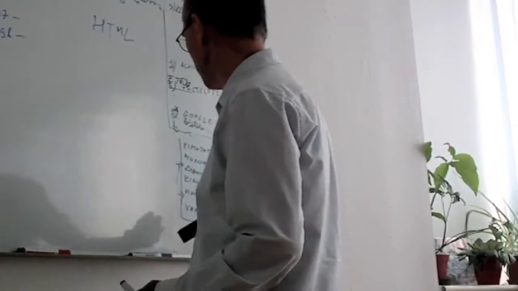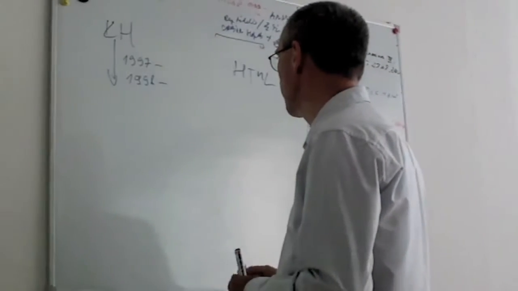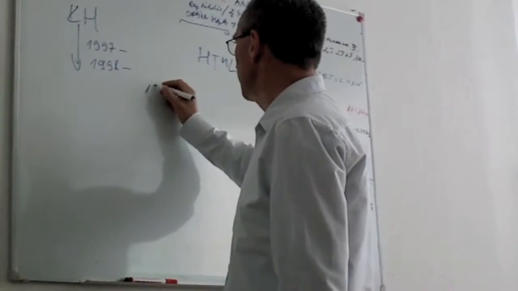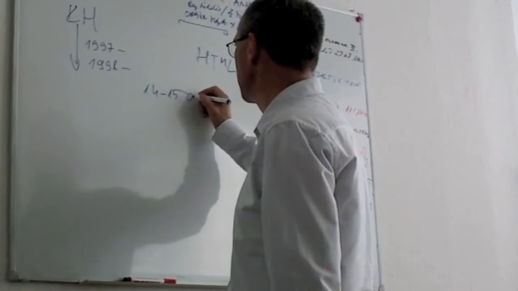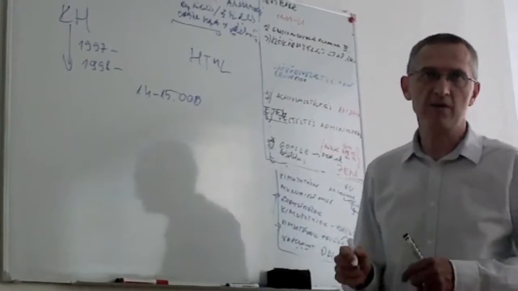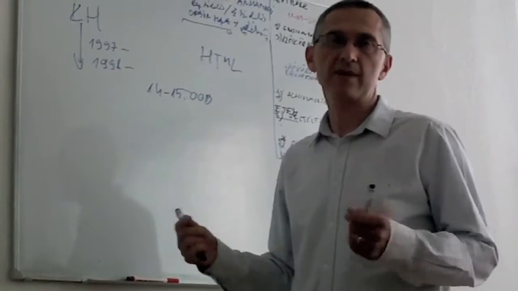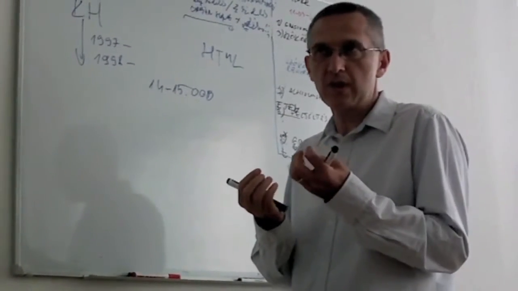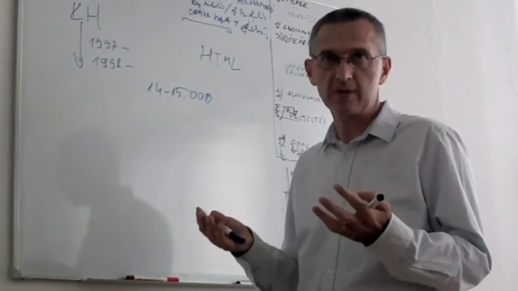We have about 15,000 institutions, state institutions, local institutions, like the schools or university. It is an institution which is funded by the budget.